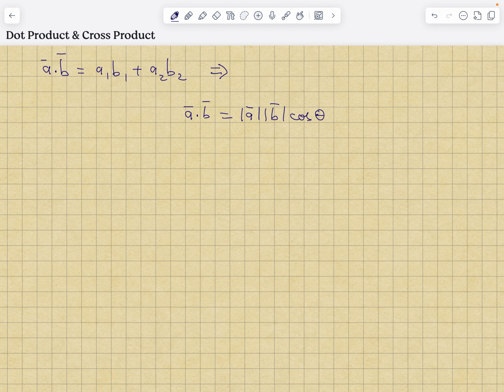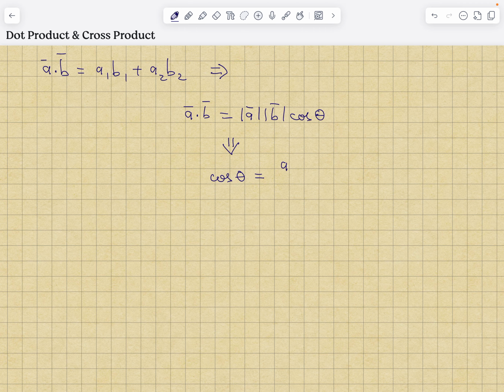And from that, we discussed that one also should be able to determine the cosine of the angle between two vectors simply by solving this equation with respect to cosine of theta.